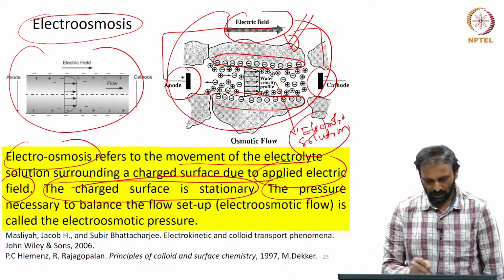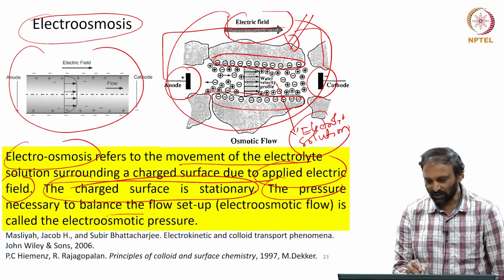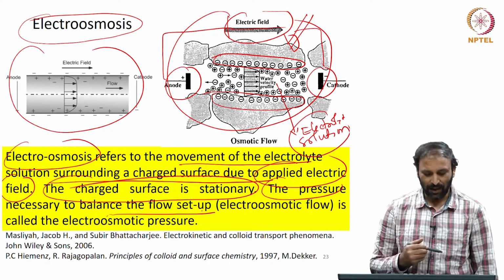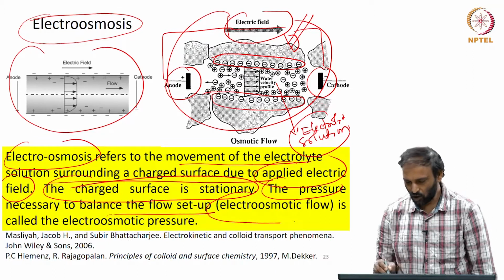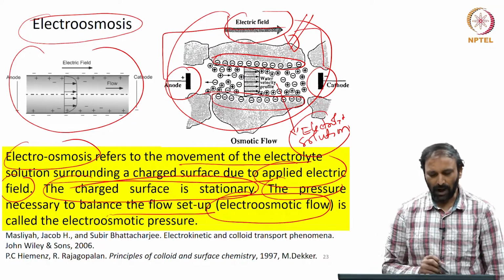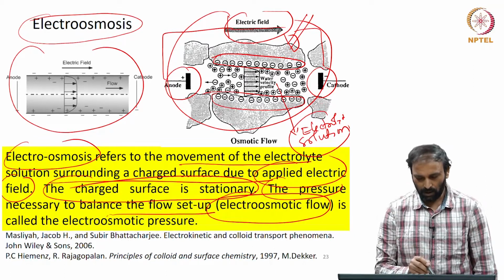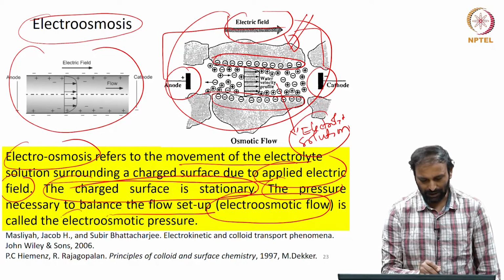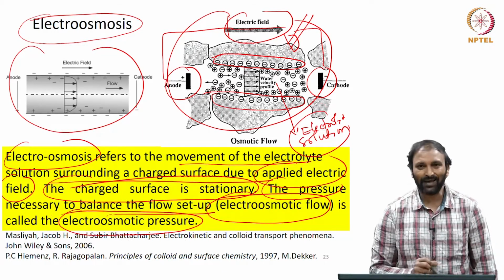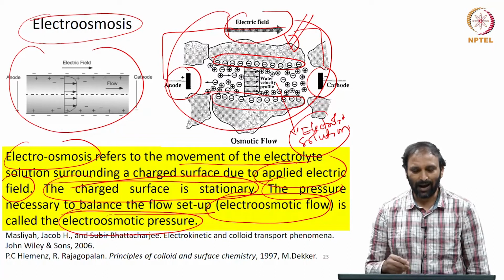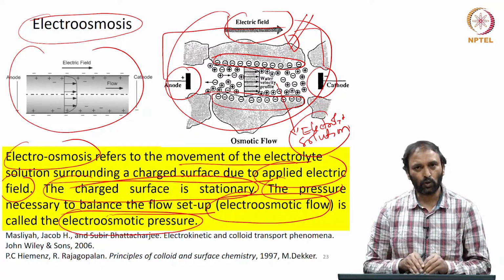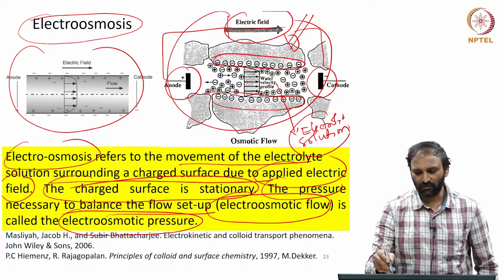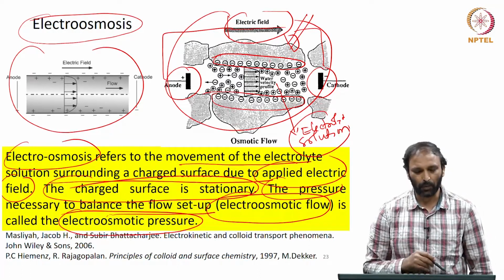The pressure that is necessary to balance the flow that is set up because of the applied external electric field, which is called the electro osmotic pressure, can be easily measured, and one could correlate the electro osmotic pressure to the charge of the surfaces that we would like to investigate.